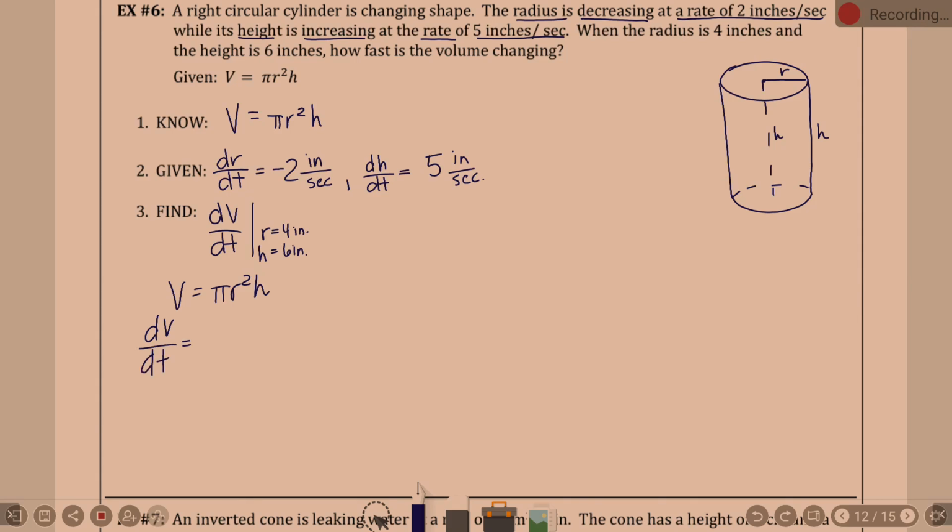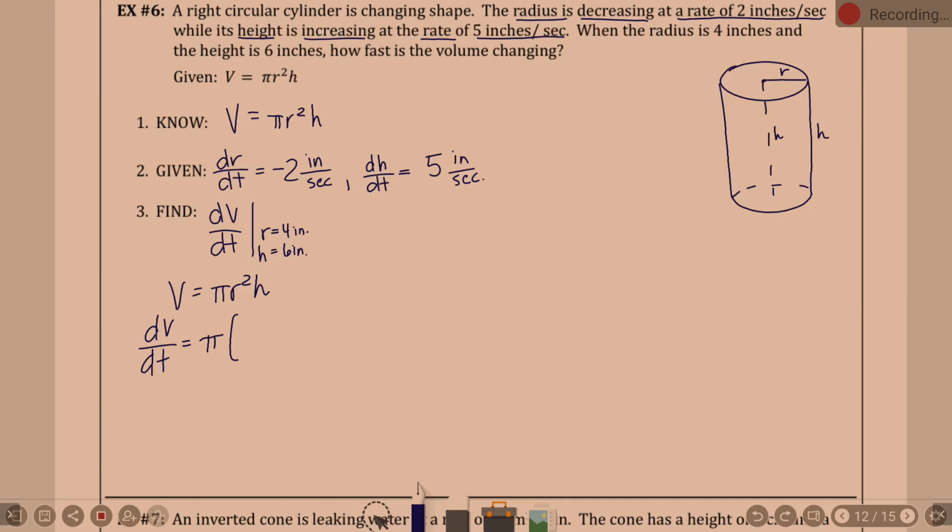You can put the pi up front. You could do this either way. I like that little trick, putting the pi out front. That's because pi is a constant. If it's a variable, this doesn't work. We can't have 3 variables, so we don't have a product rule for 3.